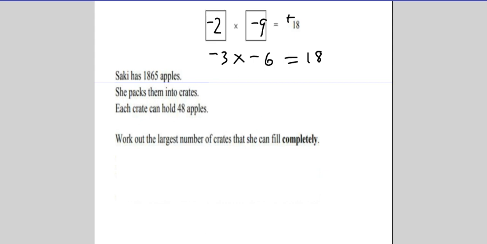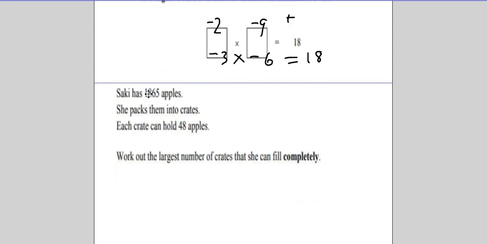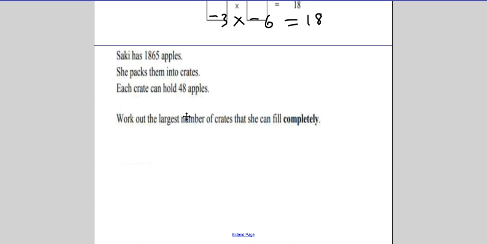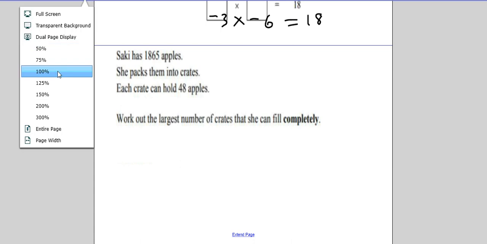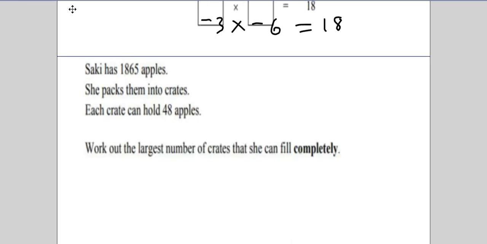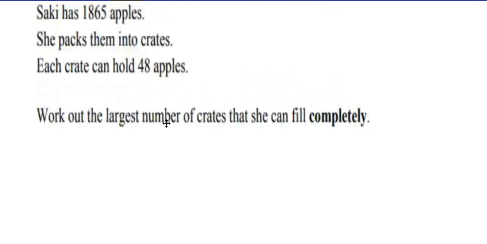Okay, the next question is this one over here. Let me try to zoom in. Saki has 1,865 apples. She packs them into crates. Each crate can hold 48 apples.